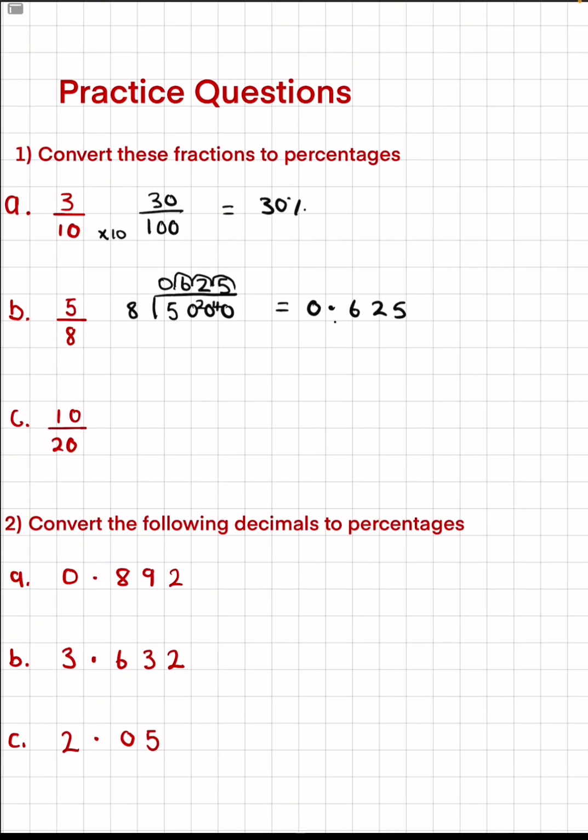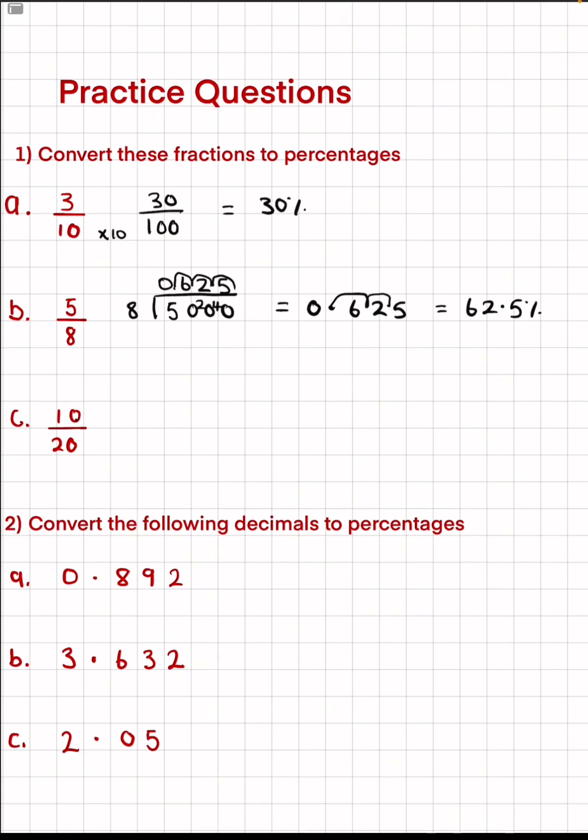If we want to convert this to a percentage, we multiply by 100. When we multiply by 100, we move the decimal point 2 places to the right. So 1, 2. So the answer is 62.5%.